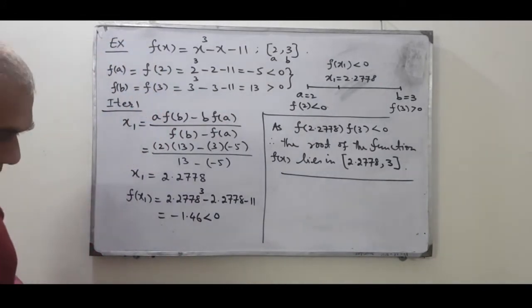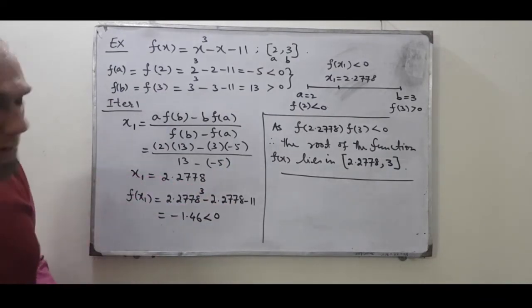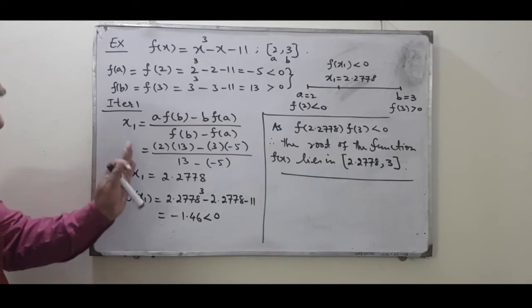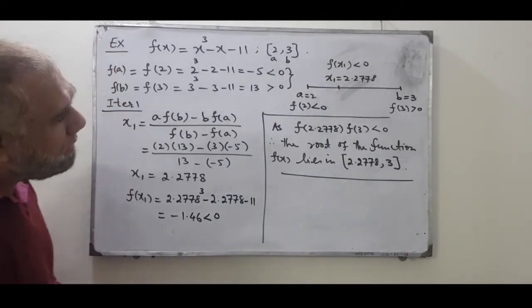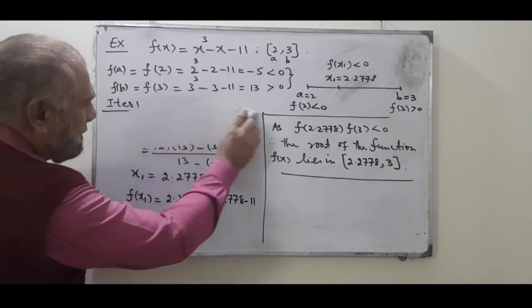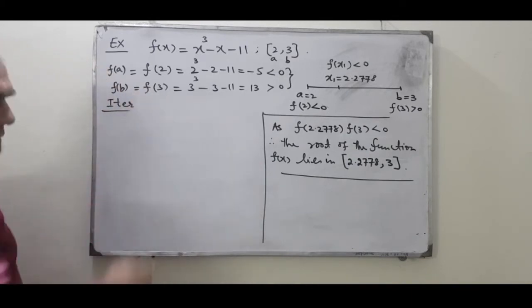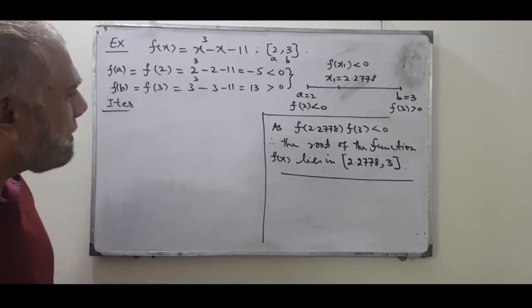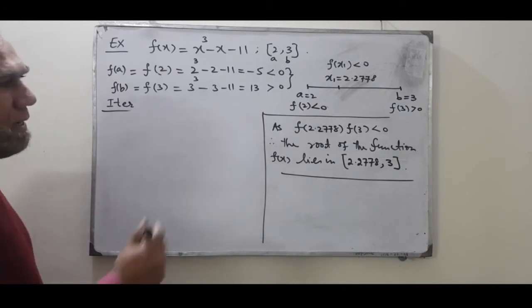Now after doing this first iteration, I do one more iteration for you. I think everything should be clear. Now we proceed for the second iteration. The new domain is now in between x1 and b.